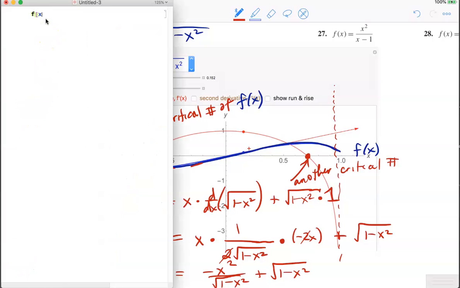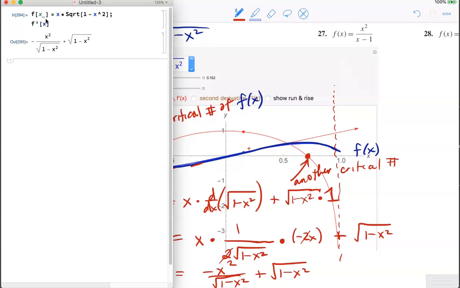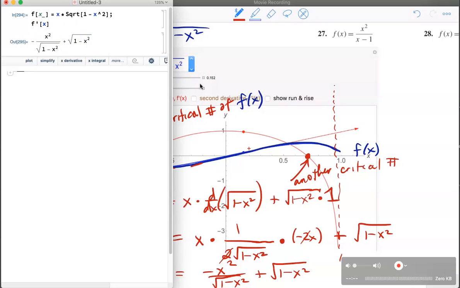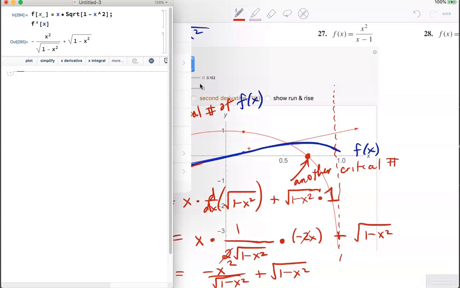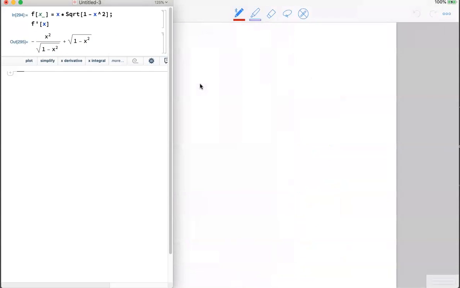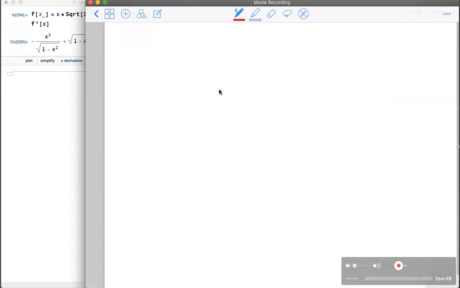Okay, so I'm going to come over here just so I can have a note for myself. x multiplied by the square root of 1 minus x squared. I'm going to find the derivative of that function with the computer just to check it, and we're getting the same answer that we got. So let's move to the next page and start working on solving this equation.